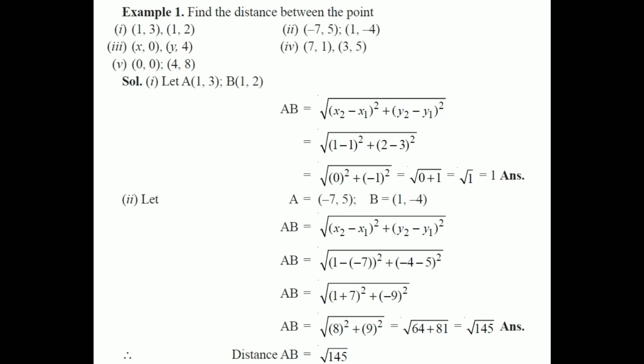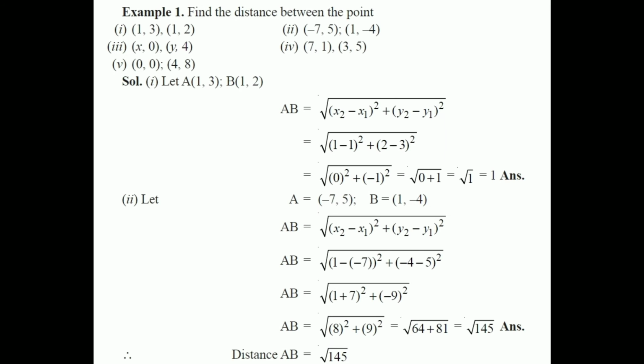Second part, the points are A (minus 7, 5), B (1, minus 4). Their distance will be the same formula, square root of (x2 minus x1) whole square plus (y2 minus y1) whole square.